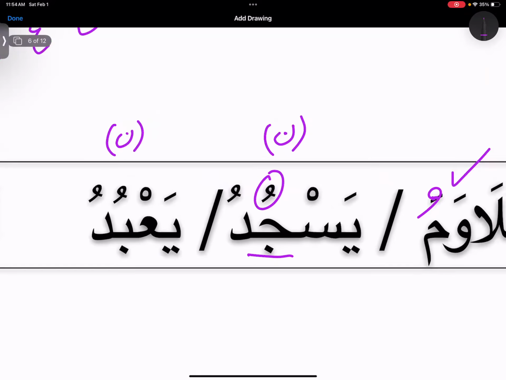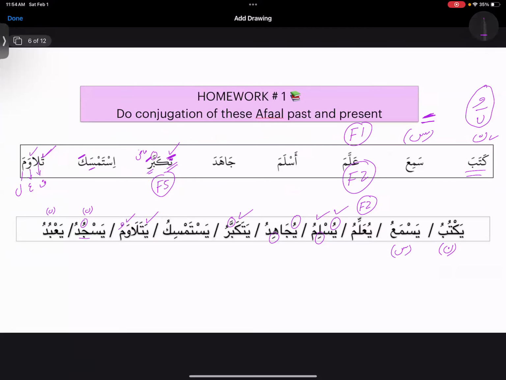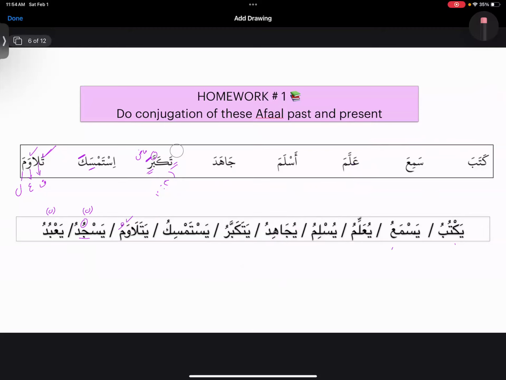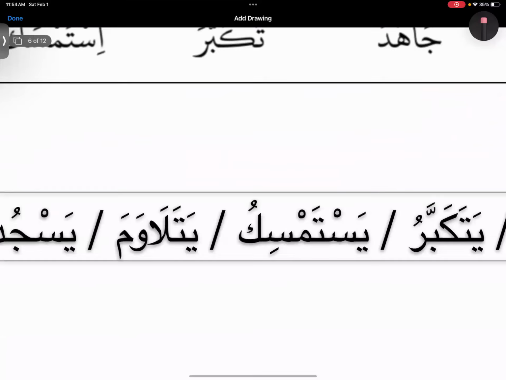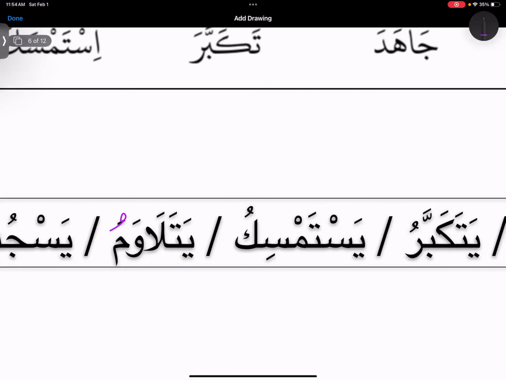Inshallah. So I think we're going to end over here, but that is going to be your homework. You guys need to practice. You can listen to the recording again to see what Bab it is, because for the homework it's going to look ugly if I post it like that. But I need to fix this one: yatalawamu. So inshallah that is going to be your homework.